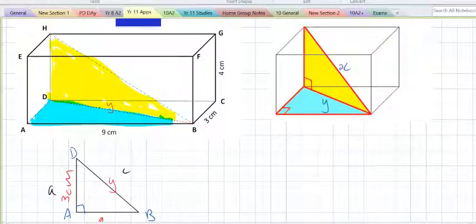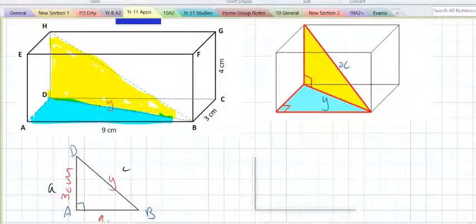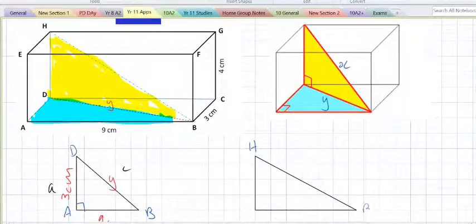Where's the right angle in that yellow triangle? In the corner, in D. D, good. Because if you imagine drawing a line along the floor and that meets the wall, it's a right angle there. So our triangle here will become HBD.